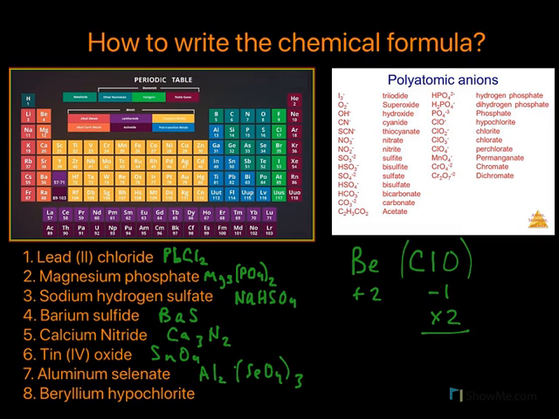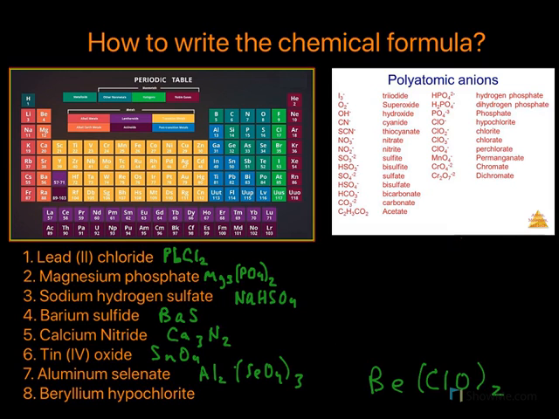We need 2 of those, so that this will now be a minus 2 charge, and then that'll give us a neutral species. So again, we need 2 of the hypochlorites. So then this is the chemical formula for beryllium hypochlorite.